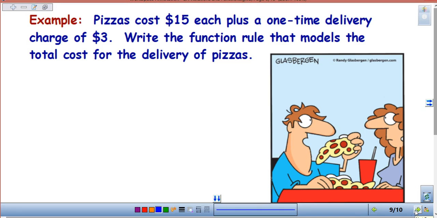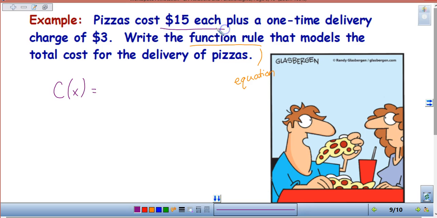Last two slides are taking an application problem and writing an equation. What we used to use is y, but now we are going to create a function rule, which means an equation, but we're going to use the fancy notation instead. So pizzas cost $15 each plus a one-time delivery charge of $3. I want to know what the cost of the pizza is, and I don't know how many I'm buying, so that's going to be C of x.